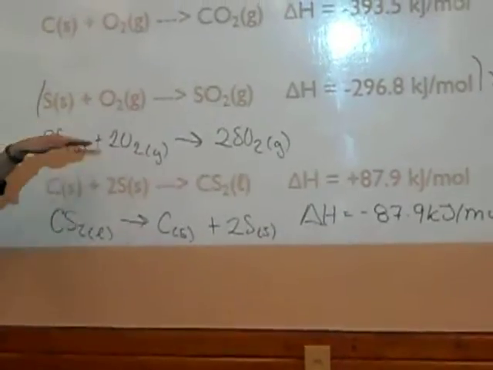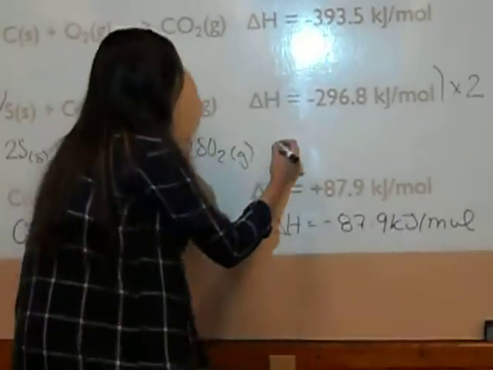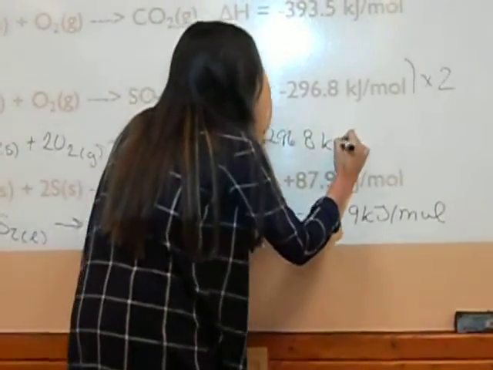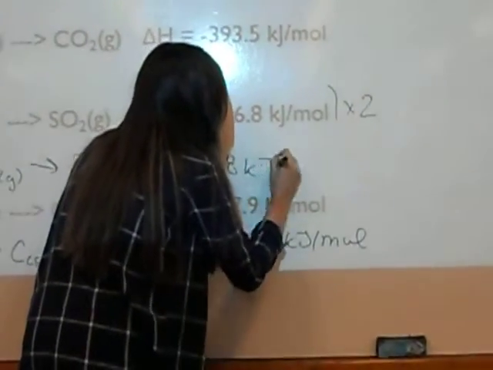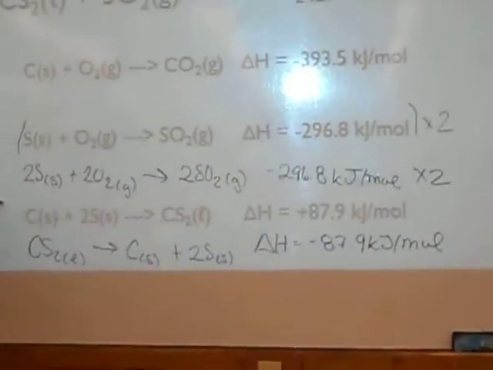Since I multiplied the whole reaction by 2, I also have to multiply the heat of reaction by 2. So I'm going to have negative 296.8 kilojoules per mole times that 2 that I multiplied the rest of the reaction by.